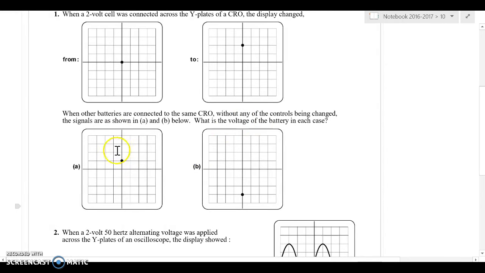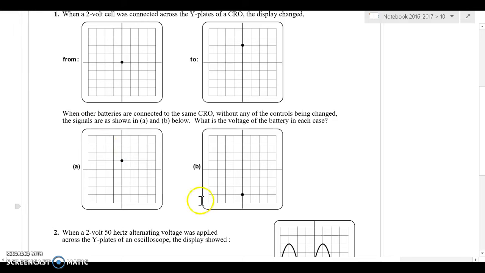What you're going to be able to work out in parts A and B of the questions in this worksheet is the voltage of the battery attached here and the voltage of the battery attached here. You'll be able to do that having worked out how many volts each square up represents from the first part of this question up here.